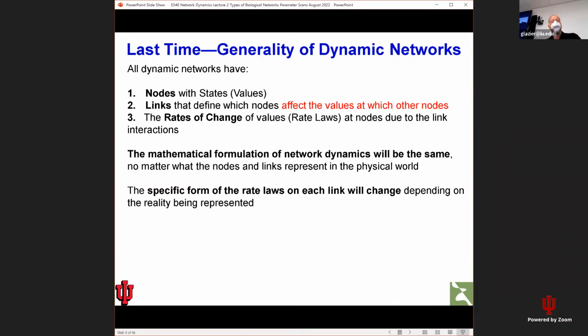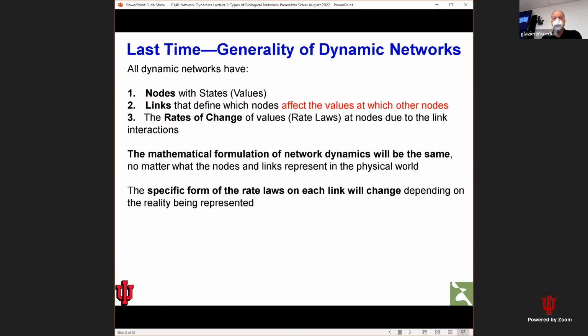So coming back to networks that we're going to be talking about this semester, again, very, very simple idea. We have nodes. Those nodes have states on them, which are represented by values. The links define how the values on one node affect the values on other nodes. And we're going to be putting on each link a rate law, which describes in a mathematical way how that change occurs.